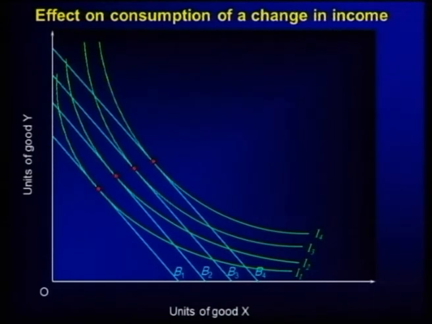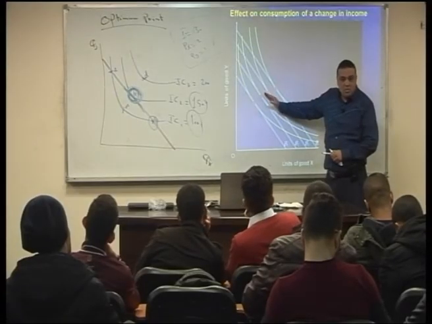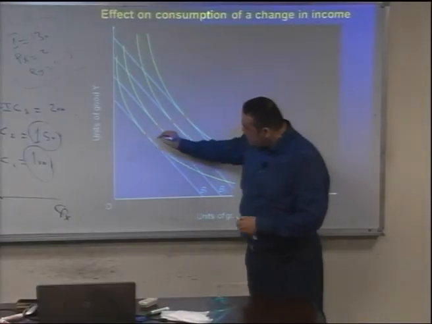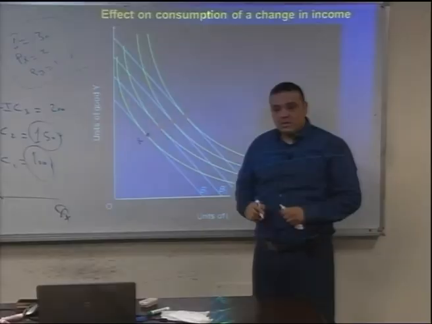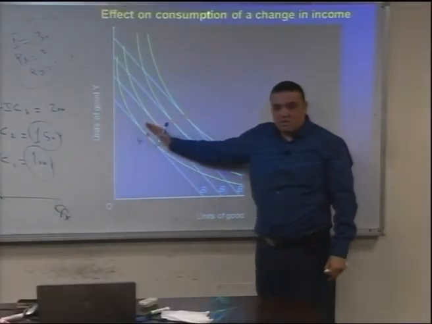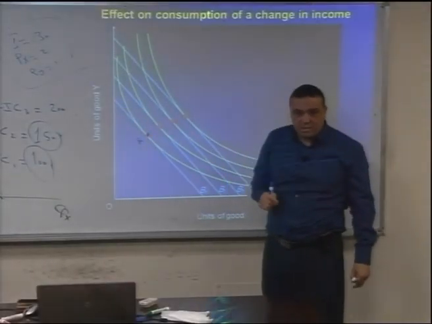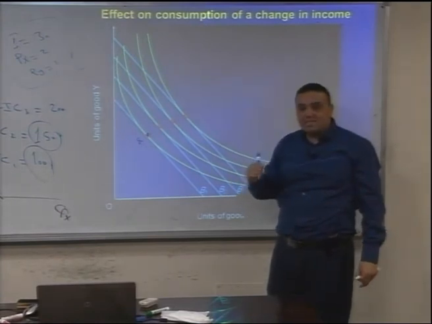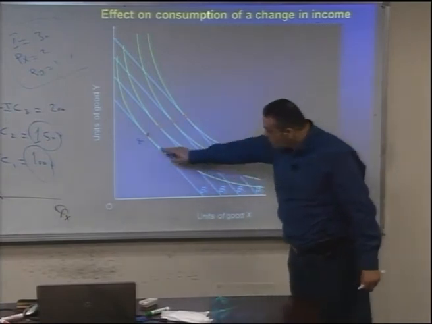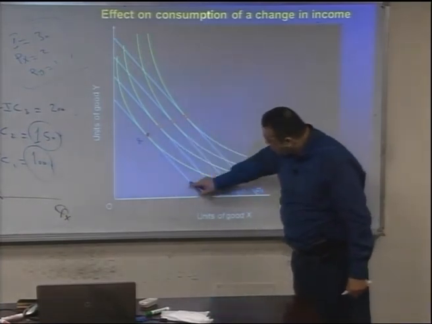As we mentioned before, if the consumer's income increases, the budget line shifts to the right. Let us assume this is the first point, point A. This is the optimum point for the consumer under the limited budget, which is maybe $30. Now, as the consumer's income increases, we move to budget line 2.